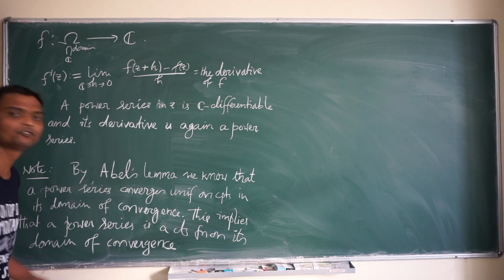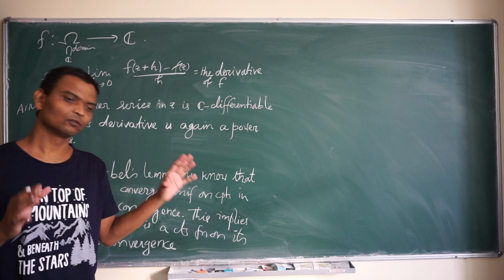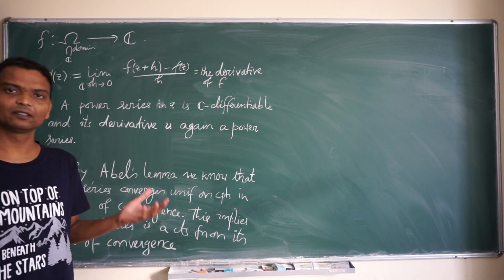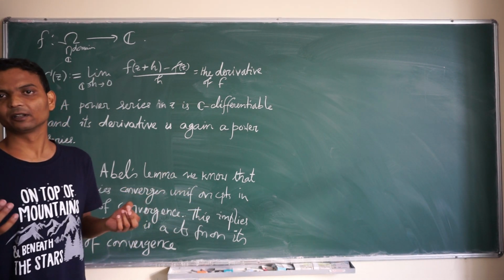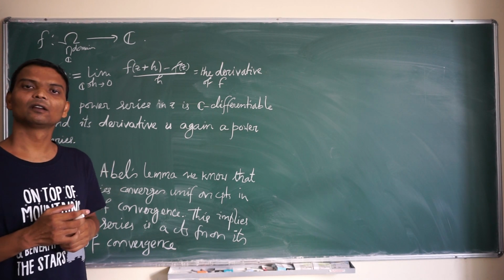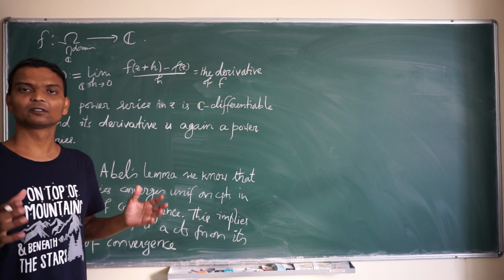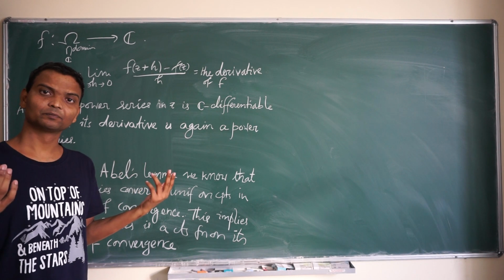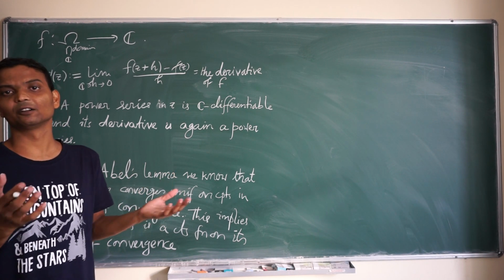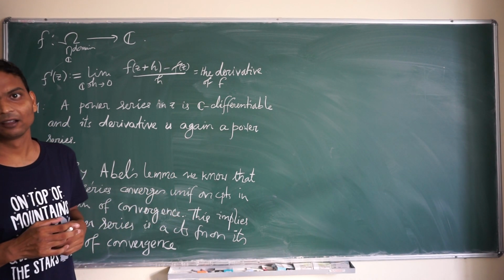So once we have a power series and we know there is a non-empty disk with positive radius where it converges, then what you get on the disk is a continuous function by Abel's lemma.